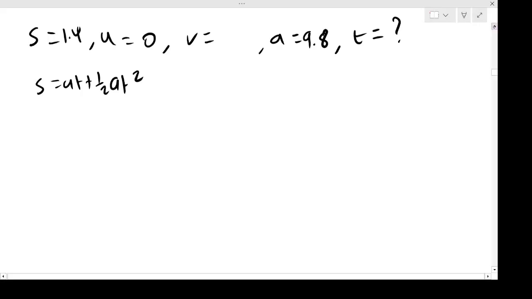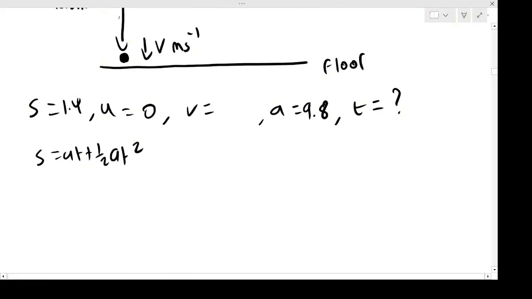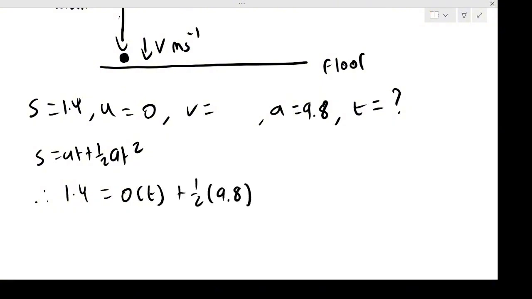And then I can work out T, because now if I sub my values in, S is 1.4, it's going to equal 0 lots of T, add a half lots of 9.8, lots of T squared. So this simplifies to 1.4 equals 4.9 T squared. And then you can see how I'm going to get T squared from this.